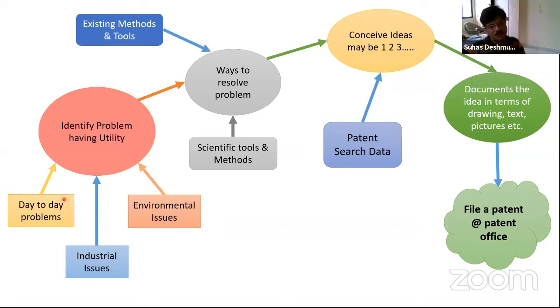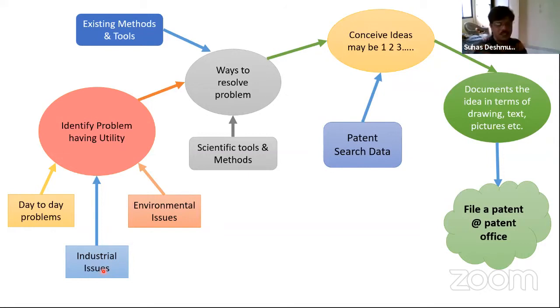We need to wear a mask, we need sanitization, so many things. These are the day-to-day problems. There are also certain industrial issues. Industry works on product development or processes, and there you can identify certain issues.